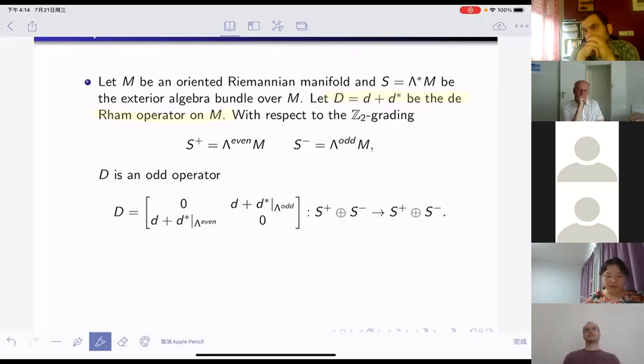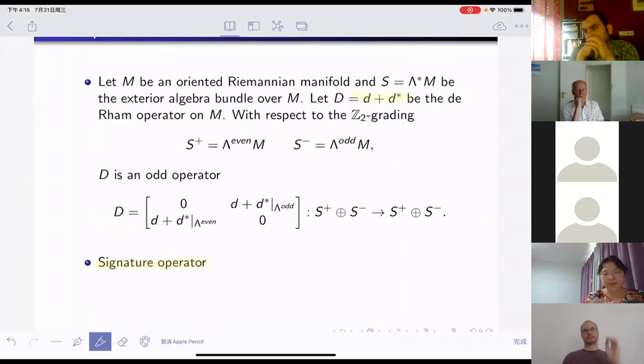specify a Z2 grading on this exterior algebra by the parity of the forms, and then one can consider this de Rham operator on this vector space, and this is also a Dirac type operator. And another similar Dirac type operator is the so-called signature operator.